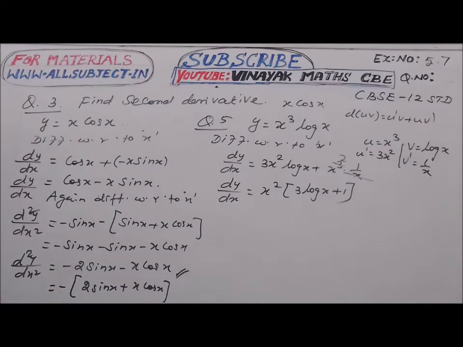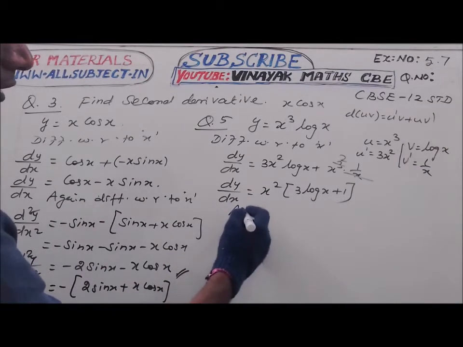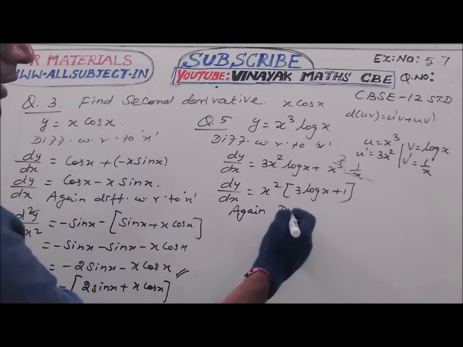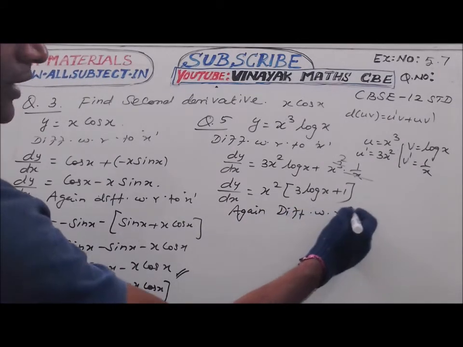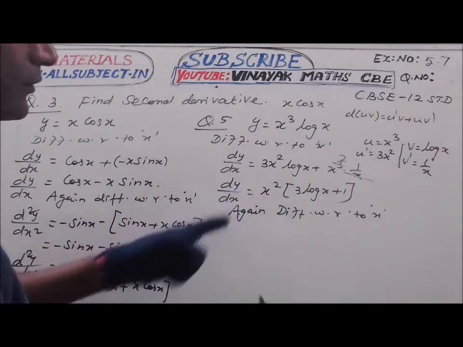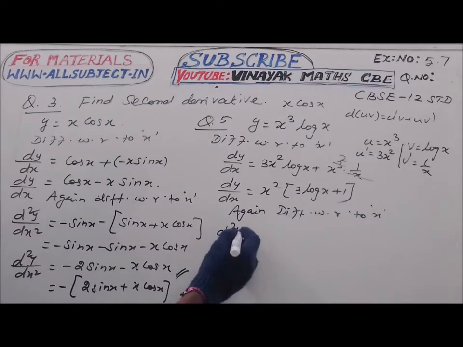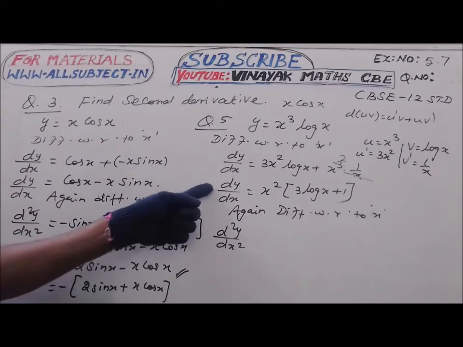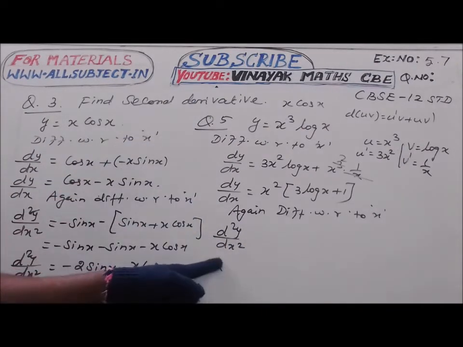Now we need to find d square y by dx square. For that I am differentiating again with respect to the same variable x. Derivative of dy by dx with respect to x is d square y by dx square.